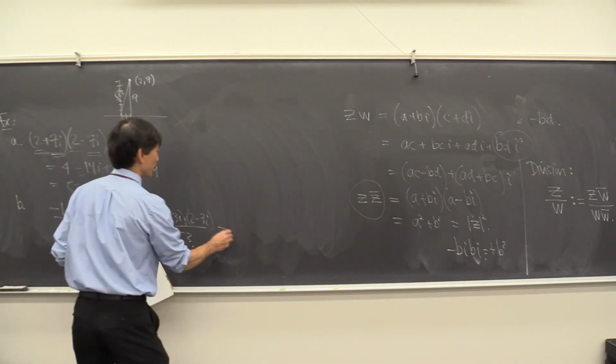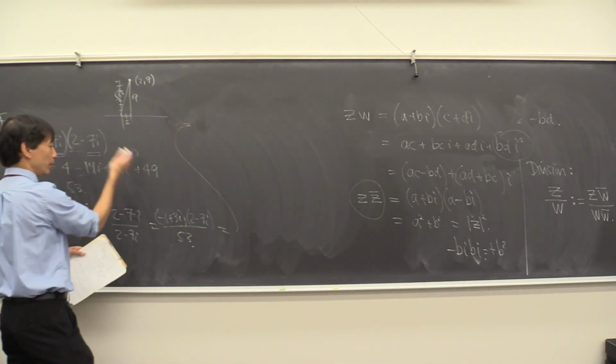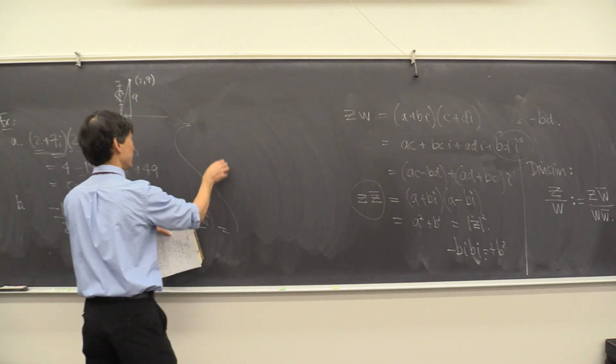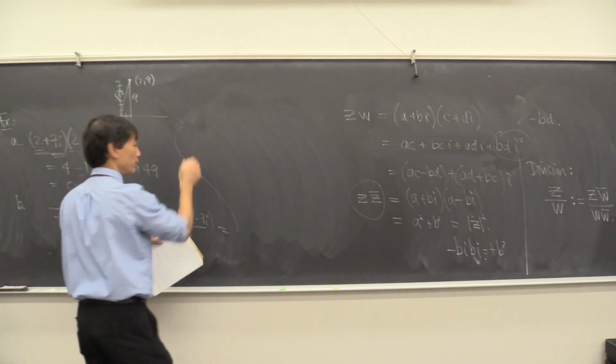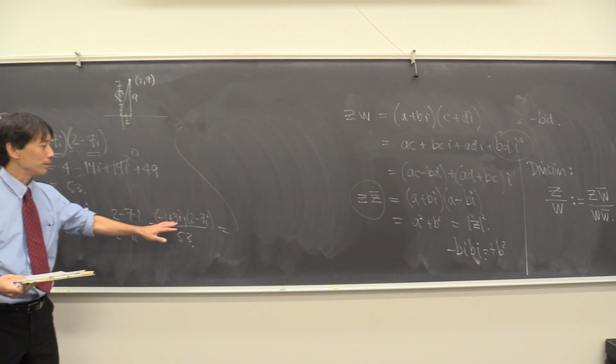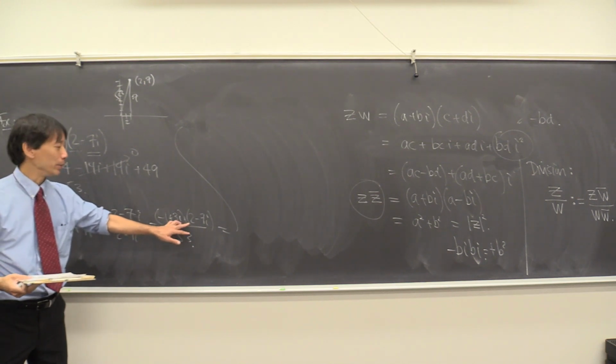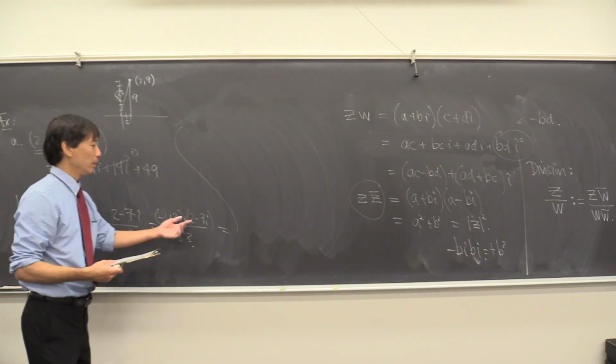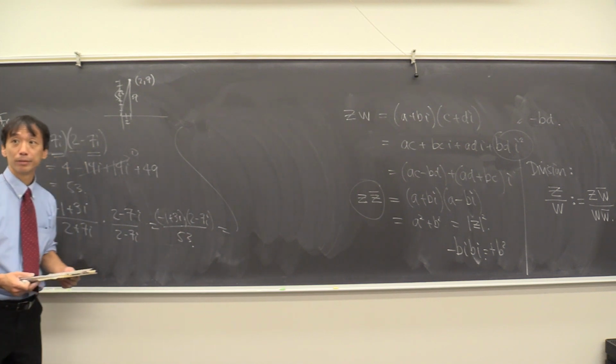Then you just work out the top, as we just did. Just for practice, take 10 seconds and work out the top: negative 1 plus 3i times 2 minus 7i.